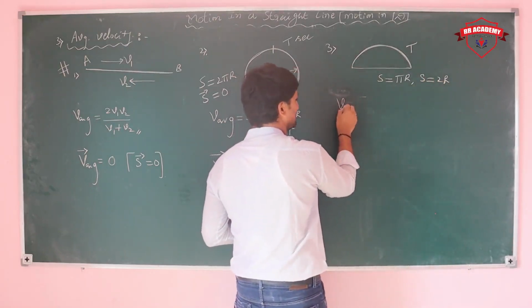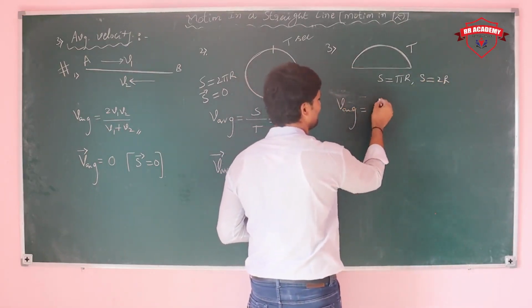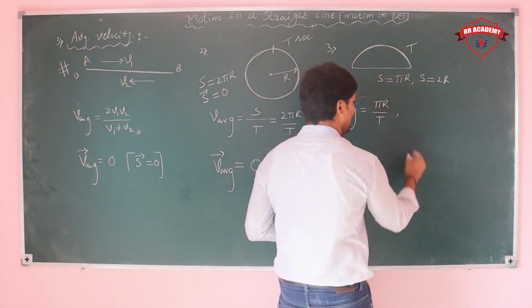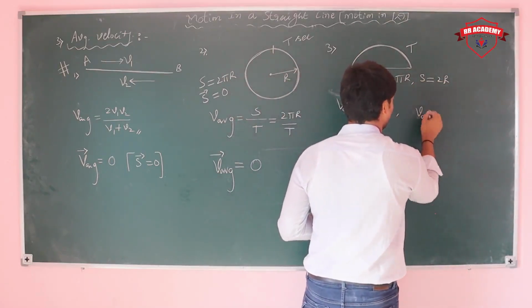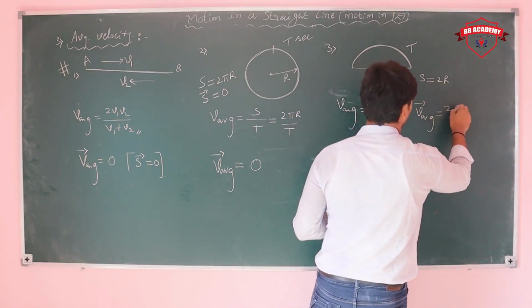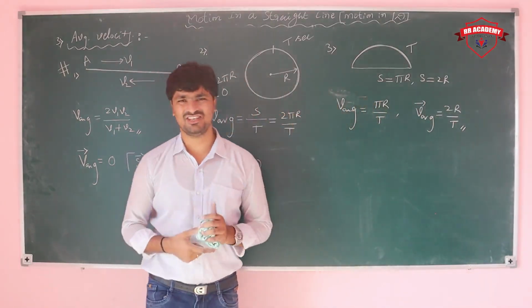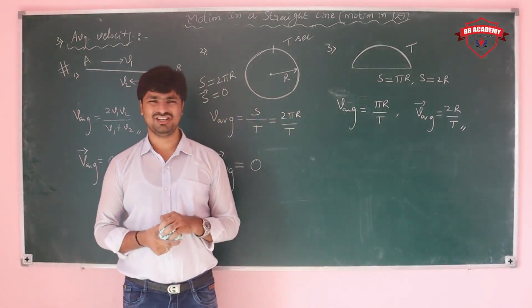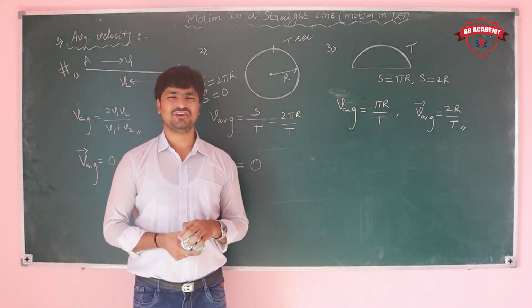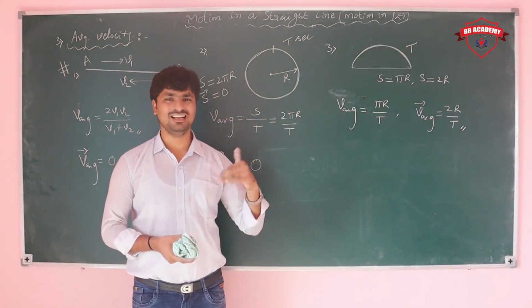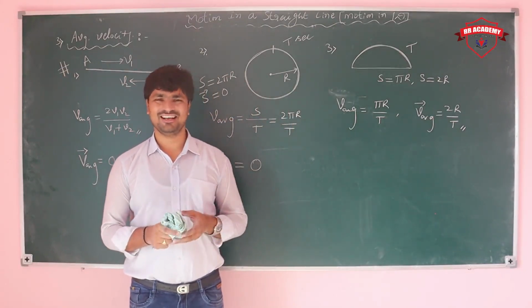So average speed is simply pi r by t, and average velocity is equal to 2r by t. You can also apply this for 1/4 and 3/4, then you get the values.